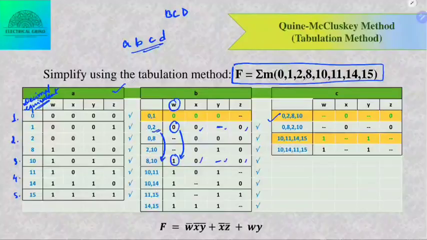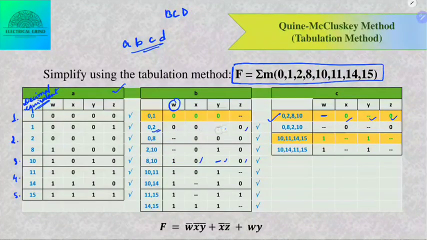Like previously done from section A to B, we will put a dash wherever there are differing values, and then write the other terms in order. There was already a dash from section A, and the rest of the variables stay as they are.